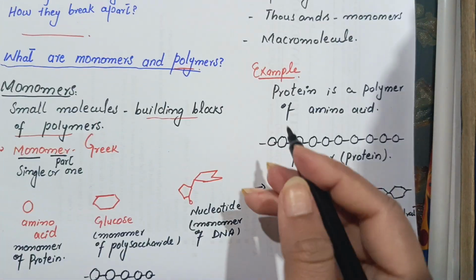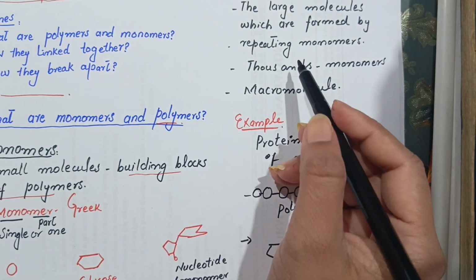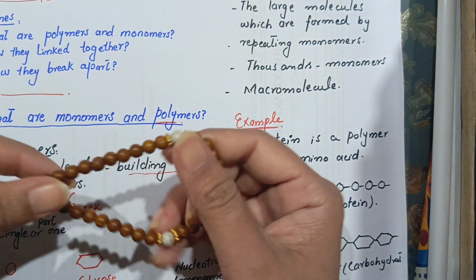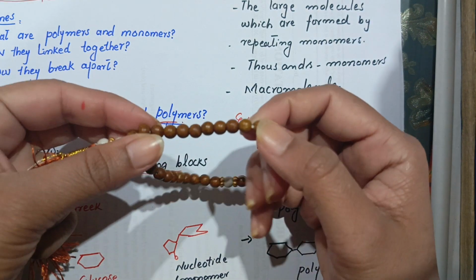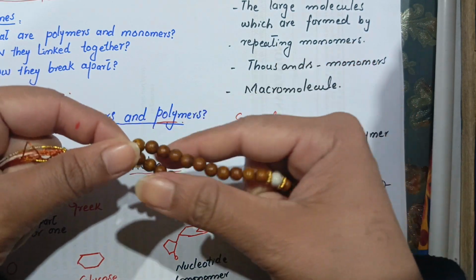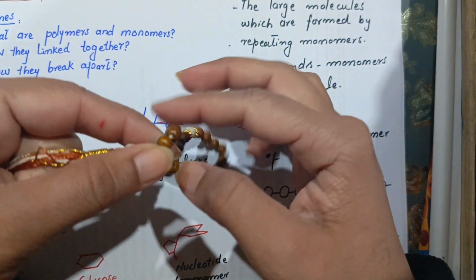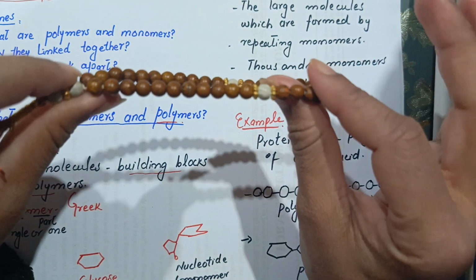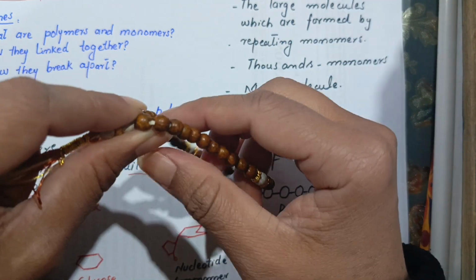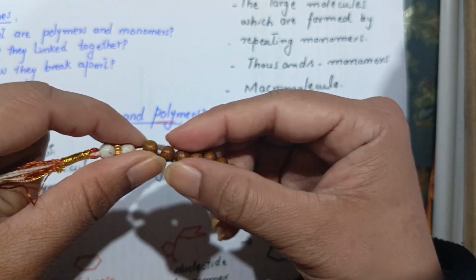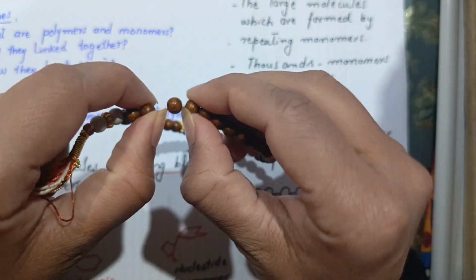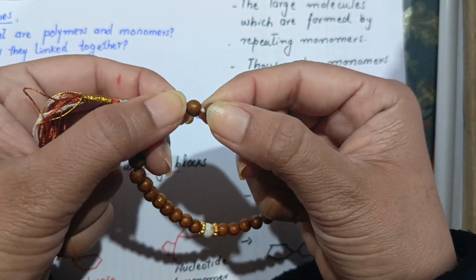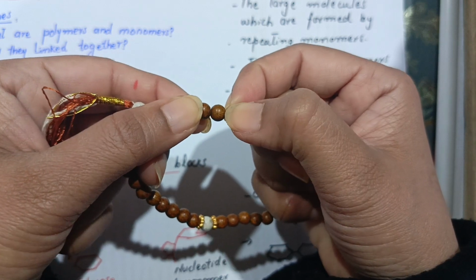If we practically discuss these monomers and polymers, we can see an example here, like we have this structure. It is just like a protein molecule in which several amino acid units are linked together. Here one unit or monomer is the amino acid, and when two amino acids combine together with this bond, they form the dimer.